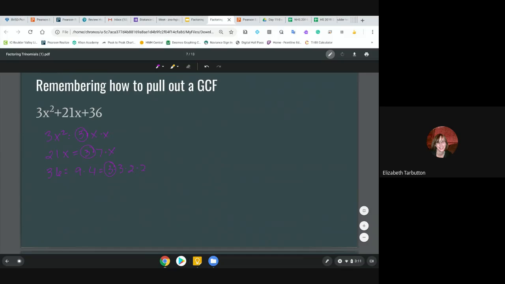So we would pull out that GCF. We can put a 3 out in front, and 3x squared divided by 3 just gives us x squared. And 21x divided by 3 gives us 7x. And 36 divided by 3 gives us 12. And we can find that by looking at our remaining factors.